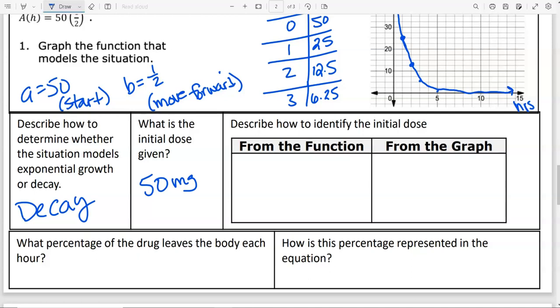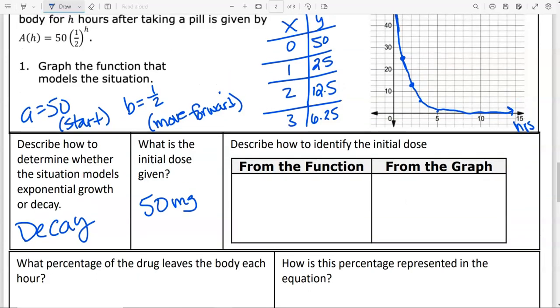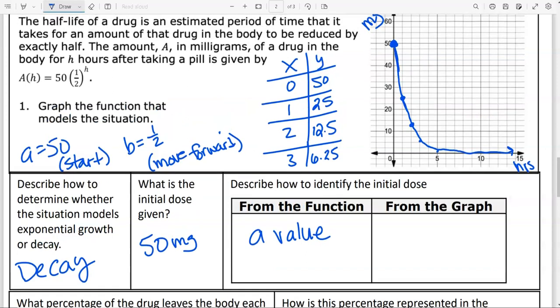So where in the function did we get that? My A value, good. Where do we see 50 on the graph? On the Y-intercept, good.